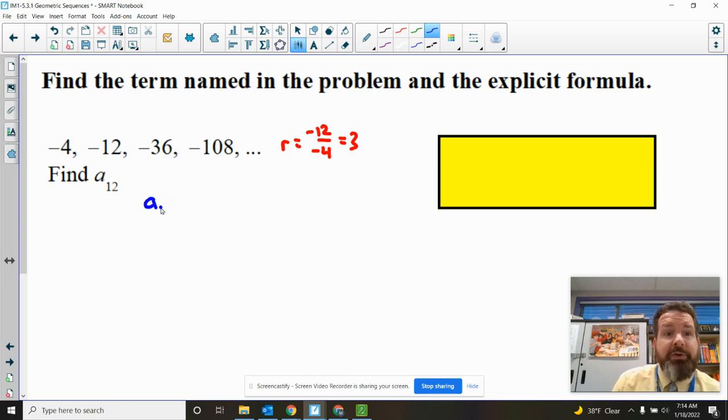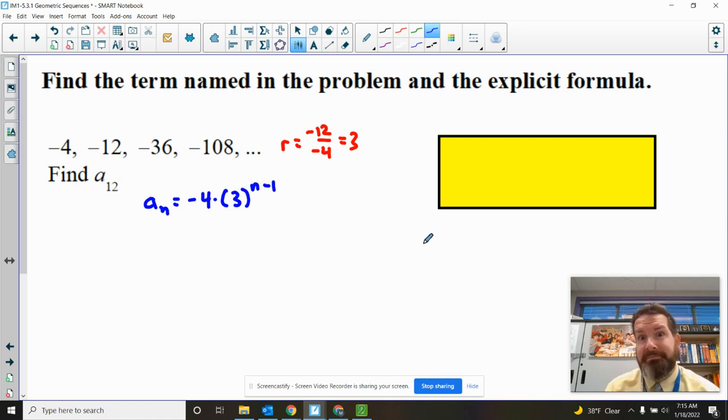So the nth term is the first term, which is -4, times the common ratio, which is 3, to the power of n-1. So this will always say A sub n. This will always say n-1. All that changes from case to case is what number goes here and what number goes there.